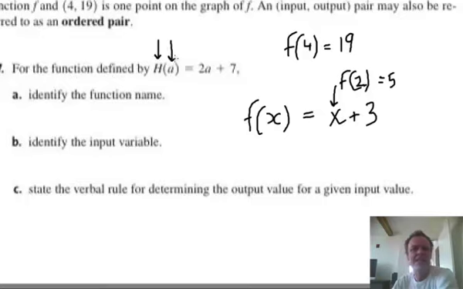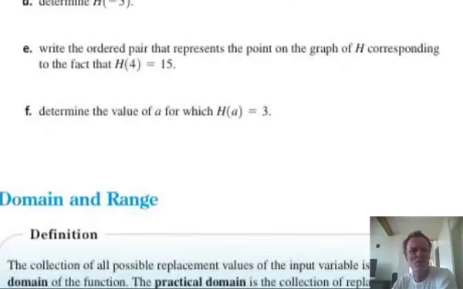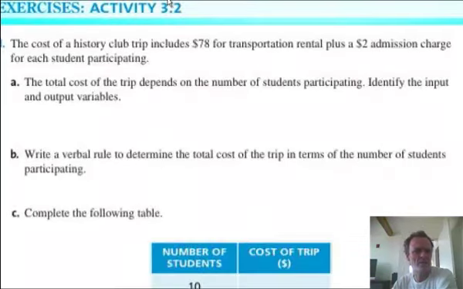variable. Now the classic really is cost, and if I find a cost equation, let's look somewhere ahead. Okay, here we go. The cost. Now here's a good example. The cost of a history club is $78 for transportation plus a $2 admission charge for each student.